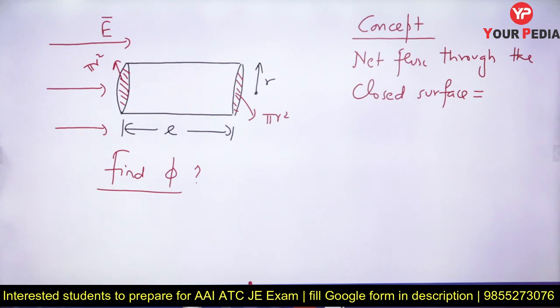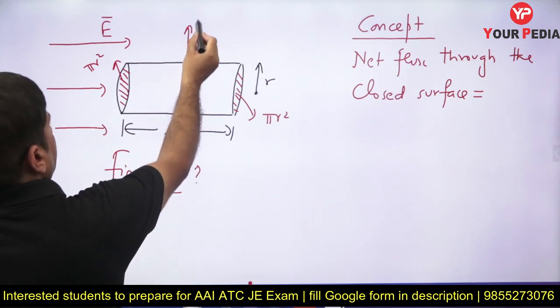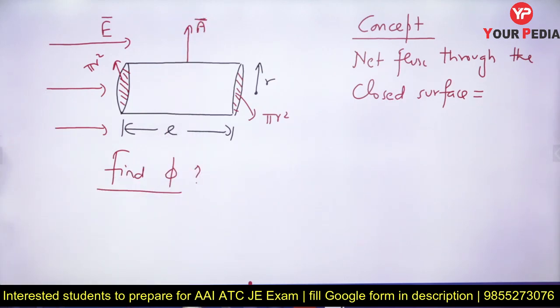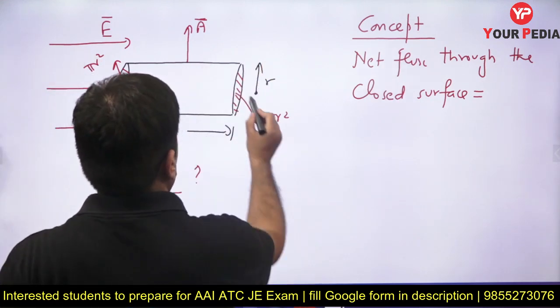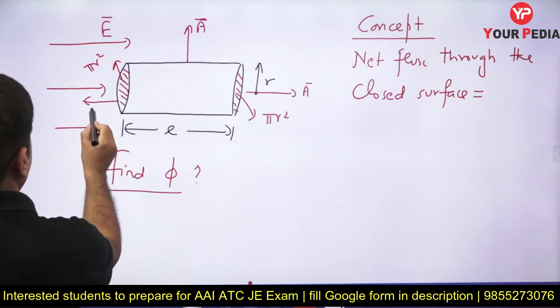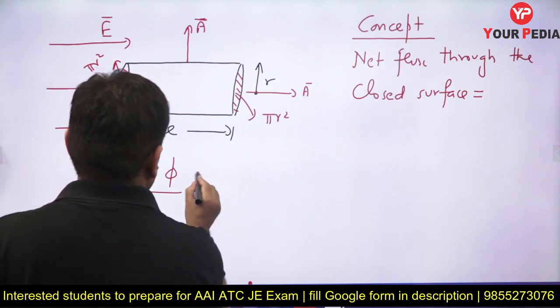This electric field is E. Now this area is perpendicular to electric field, so there will be no flux in this. If you see, this area and this area are opposite, this is this side and this area is this side. Again electric flux is going to cancel out. So no electric flux, again this is 0.